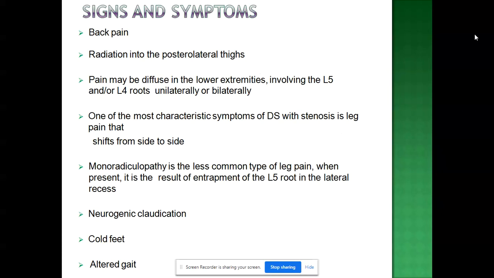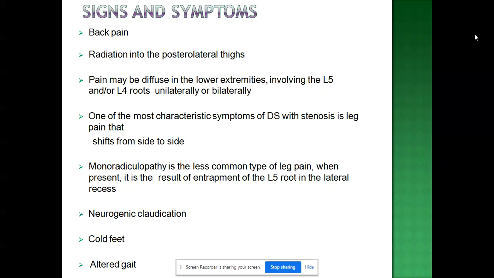So what are the signs and symptoms? Suppose a patient has spondylolisthesis, then what signs and symptoms will the patient complain of? If they are coming to OPD, what complaints will they tell us? So they will have back pain. They can have radiation into the posterior lateral thighs. So radiation of the pain will be there. That pain will be in the lumbar region, the posterior aspect of the thigh, into the calf muscle, and even the sole of the feet.